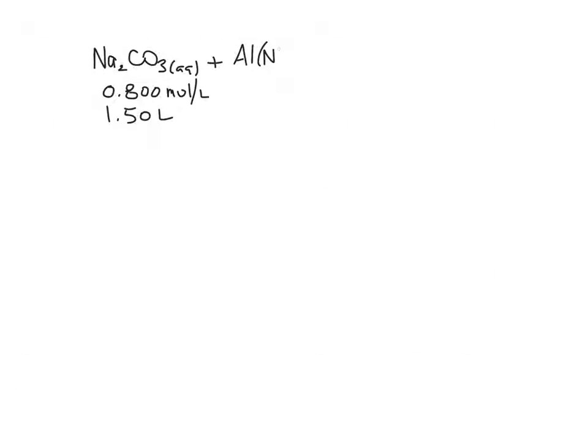Okay, the next example. Predict the mass of precipitate expected when we have sodium carbonate, we have 0.8 moles per liter, we have 1.5 liters, and we make sodium nitrate and aluminum carbonate.